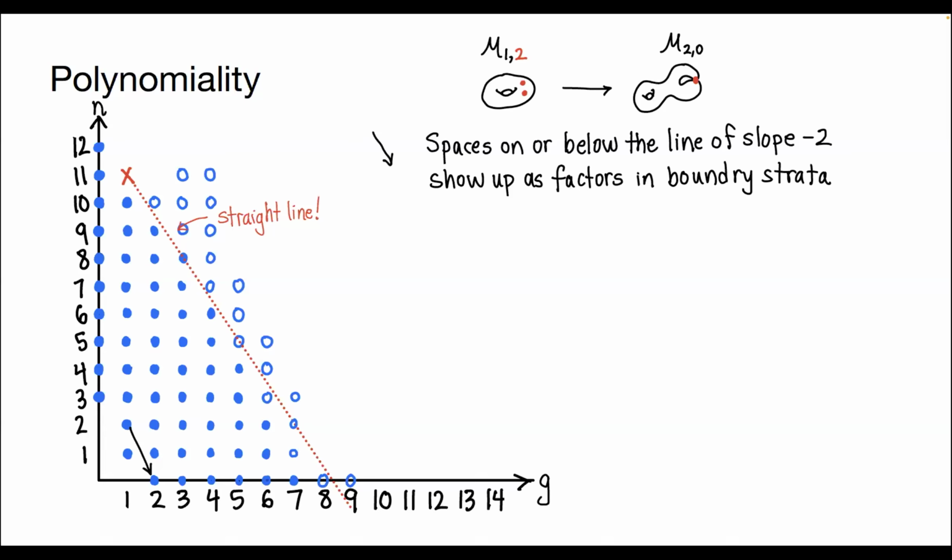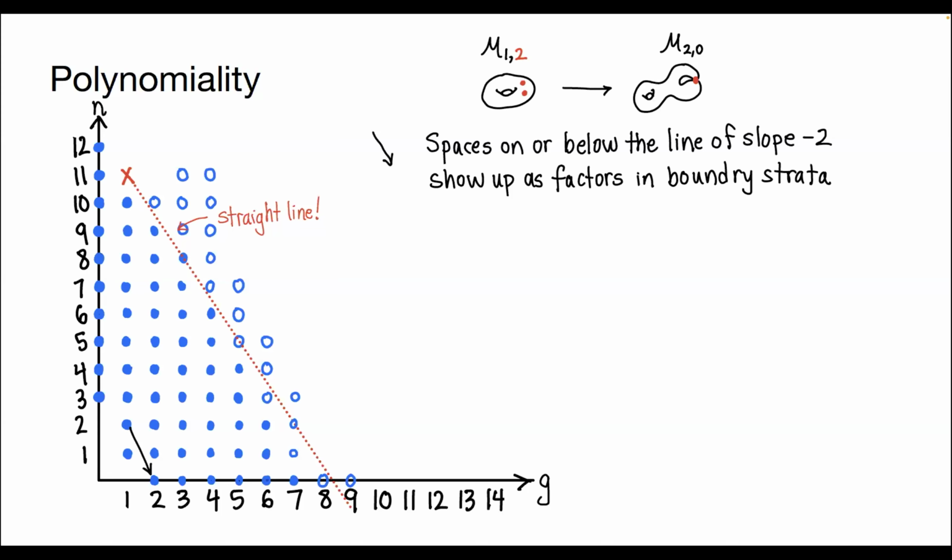Because we know how to glue together 2 points, and that adds 1 to the genus. So if you have some point in the moduli space, all the ones that are going to show up as factors in the sources of gluing maps for its boundary stratification, they lie on or below the line of slope -2 through that point.